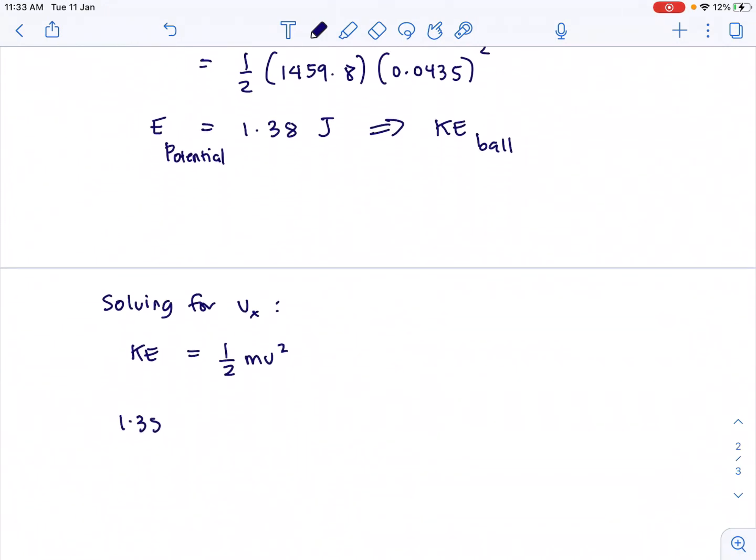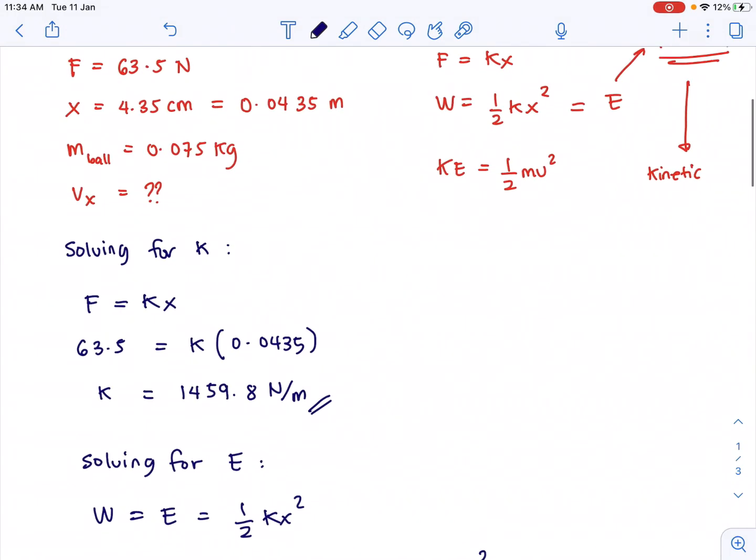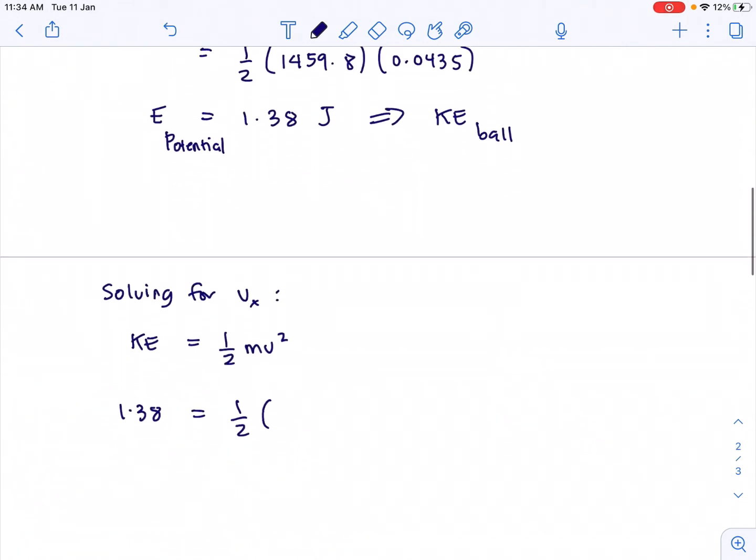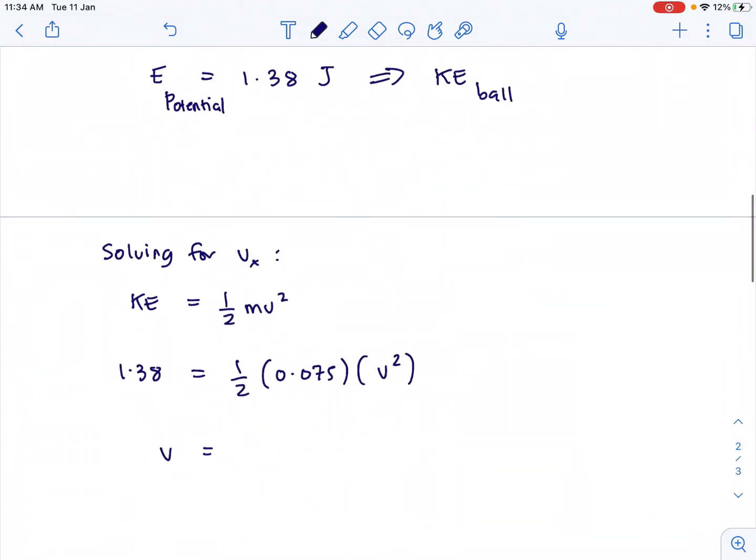Our KE is 1.38 joules, equal to 1/2 multiplied by the mass of the ball, 0.075 kilograms, times V squared. Manipulating this equation, we get 6.06 meters per second. I encourage you to maximize your calculator in solving this. You may use the function of your calculator that allows you to solve for the unknown. And this is our final answer.